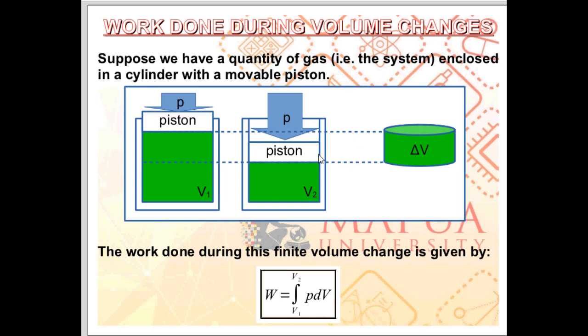If we put that equation of pressure into our equation of work, we get the work done during this volume change. Work is equal to the integral of pressure P dV from initial volume V1 to final volume V2.